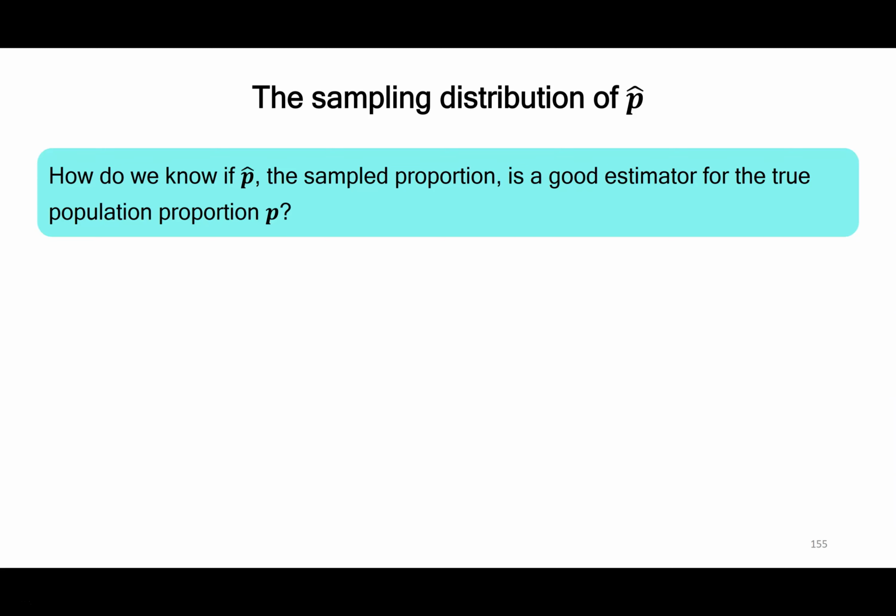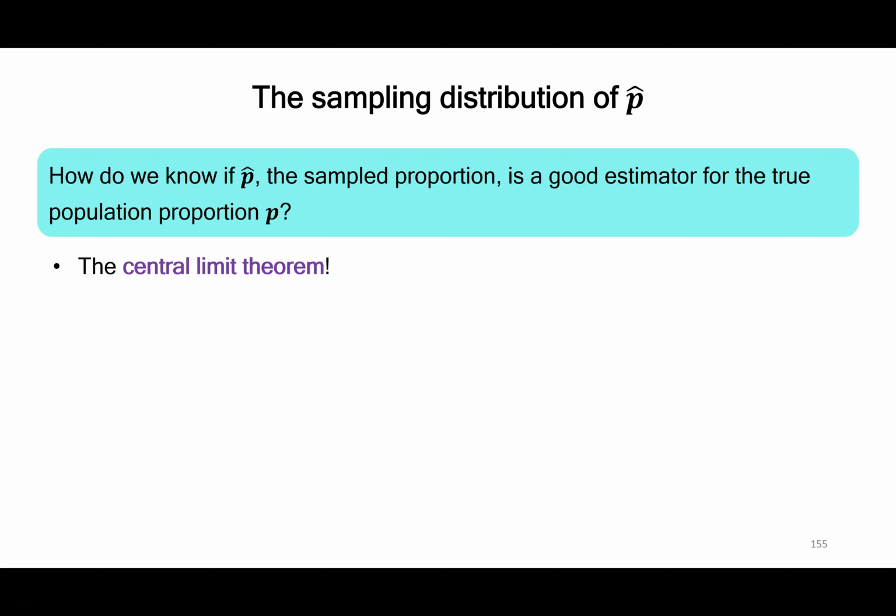So how do we know if our p hat is a good estimator? There are factors, like we're going to want to make sure we have a big enough sample size for starters. So the central limit theorem, that's where that comes in. If we have a big enough sample, that central limit theorem is going to kick in, and we're going to know how the sampling distribution of p hat is shaped.